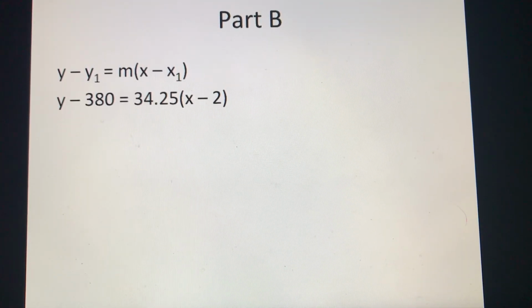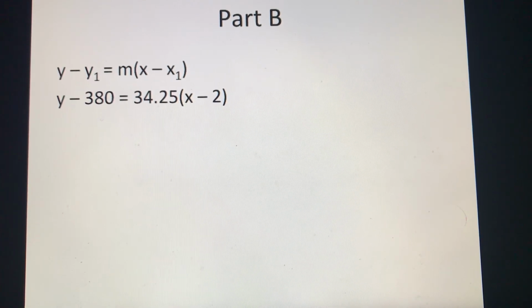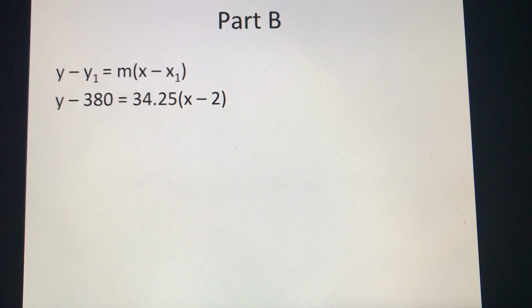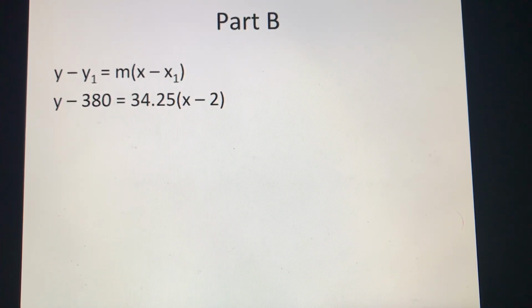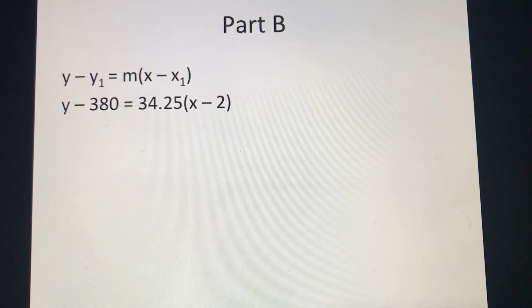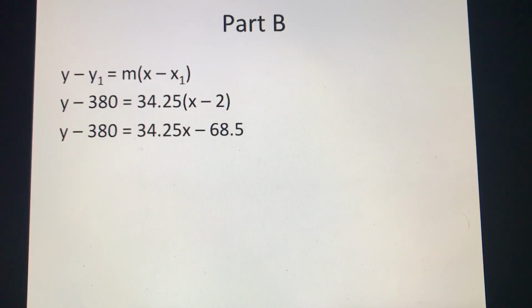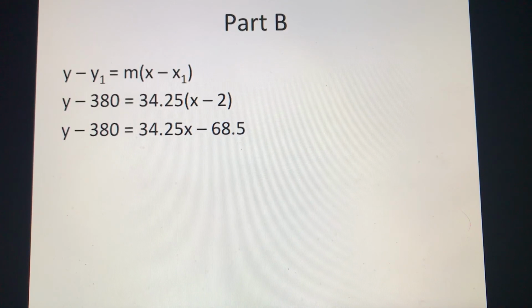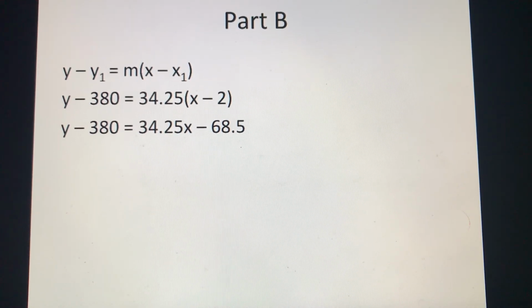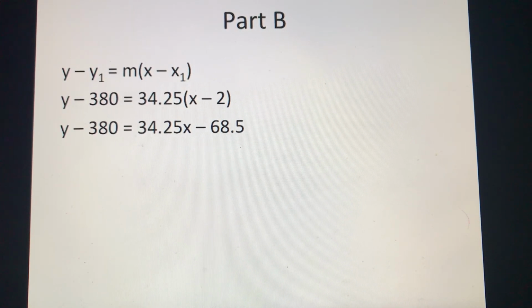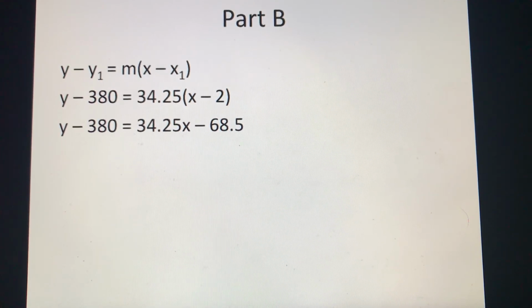Your equation should look like this. You're then going to want to distribute the 34.25, our m value, to the x minus 2. You're now going to have y minus 380 equals 34.25 times x minus 68.5.